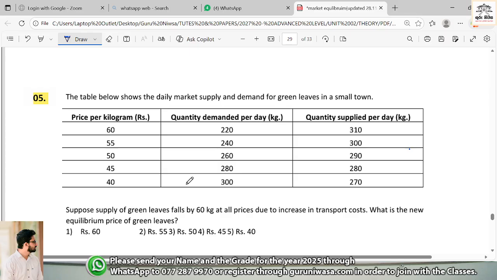Suppose supply of green leaves falls by 60 kg at all prices due to increase in transport cost. What is the new equilibrium price of green leaves?